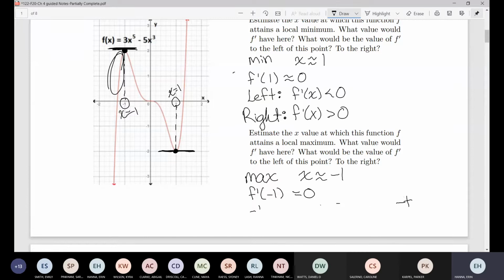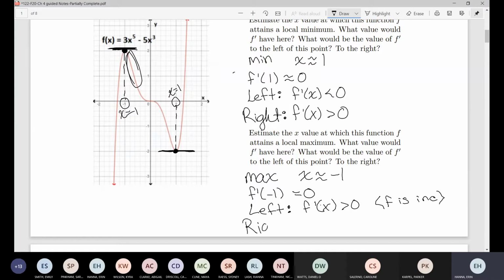I'm going to rewrite that so that it matches the one above it. So to the left, the derivative would be positive. And let me just do an f is increasing kind of reminder of why that's a thing that I could say. And then if I look to the right of that max, we're decreasing. So if the original function is decreasing, the derivative is negative.